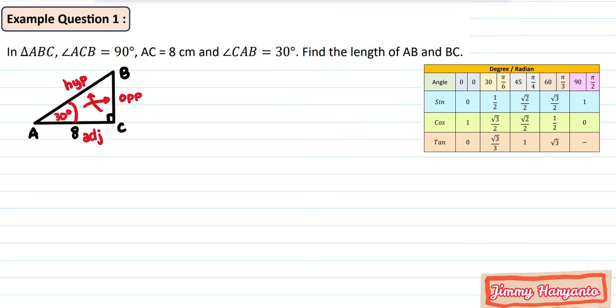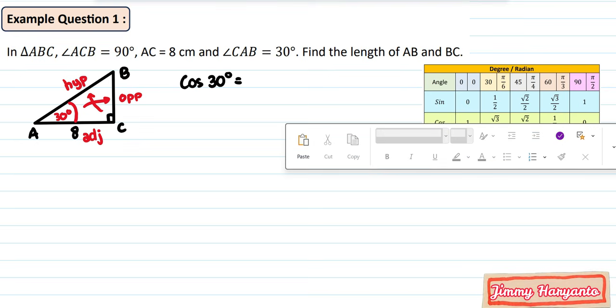Now let's try to find AB first. AB is the hypotenuse, and we know the adjacent. So we have to choose the formula that uses adjacent and hypotenuse. I remember the formula of cos. So I'm going to write cos 30 degrees.